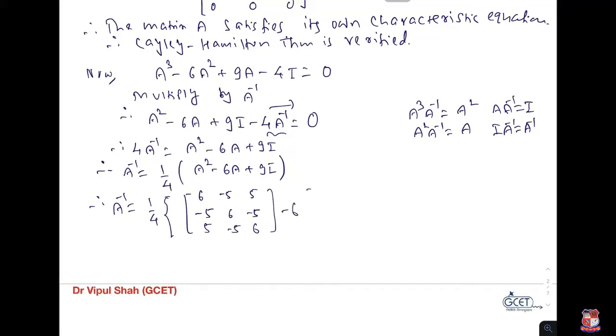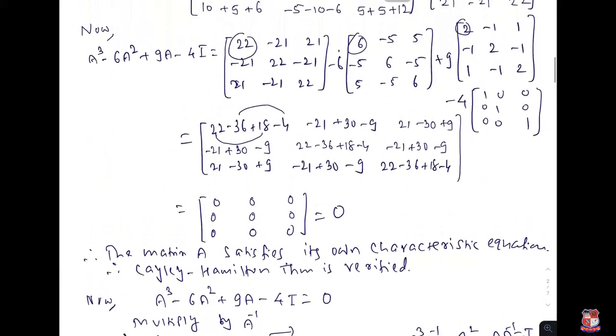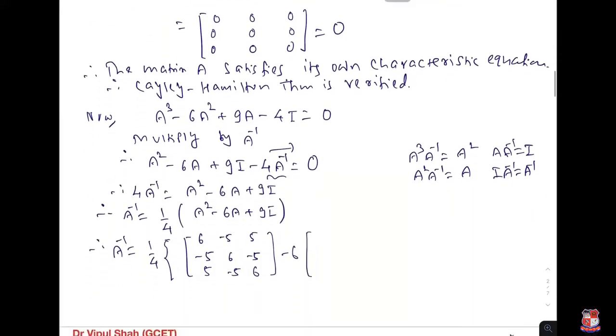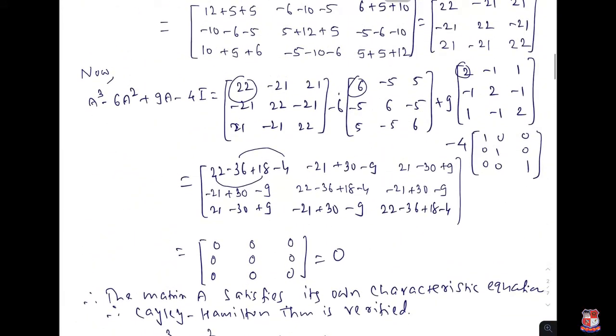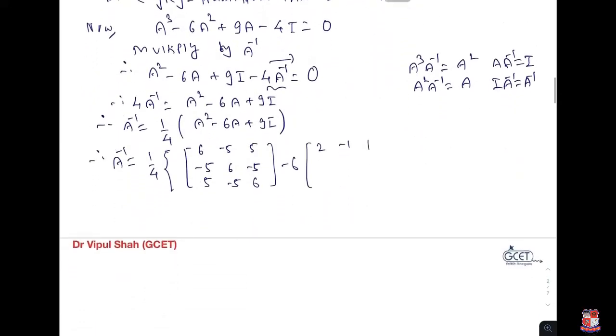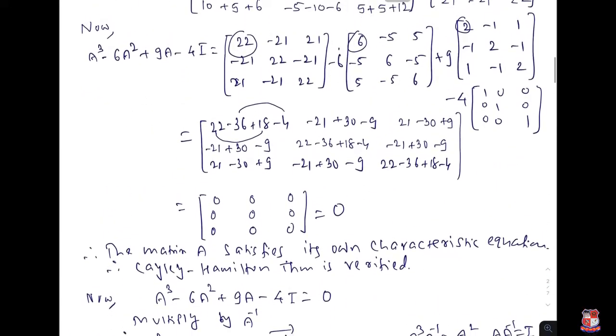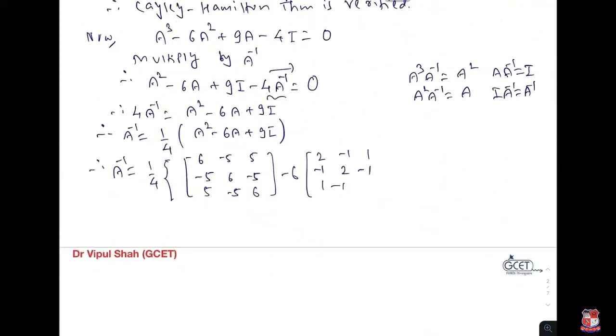Then minus 6A, so A is 2 minus 1 1, minus 1 2 minus 1, 1 minus 1 2. Plus 9I, so 9 times 1 0 0, 0 1 0, 0 0 1.